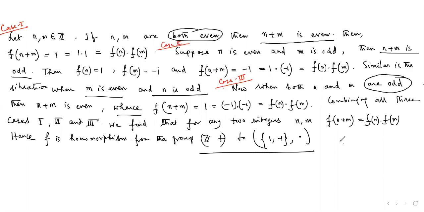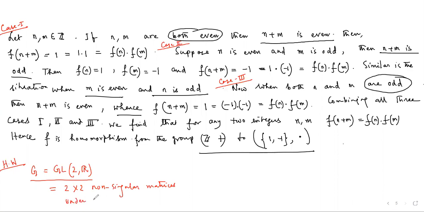Now I can give you homework. You can take your G to be GL2(R). The definition has already been discussed with you. It is the set of 2 by 2 non-singular matrices under matrix multiplication, which is a group.